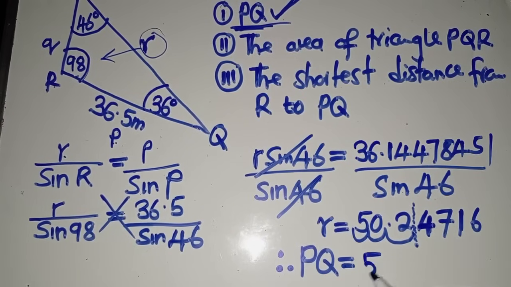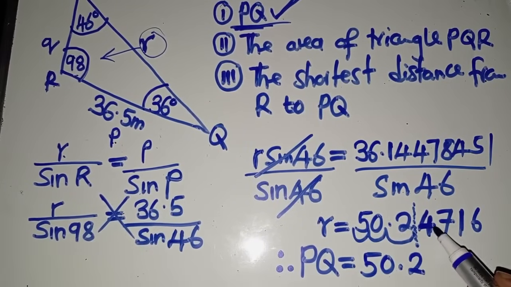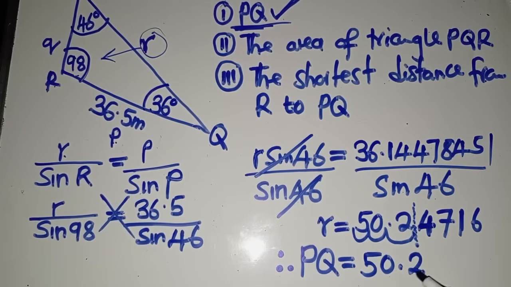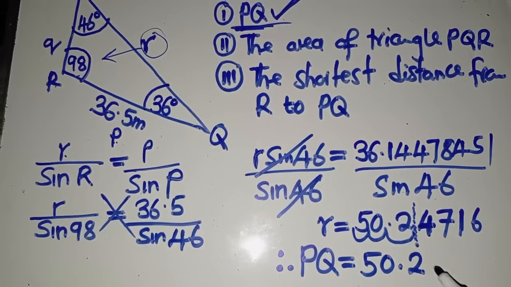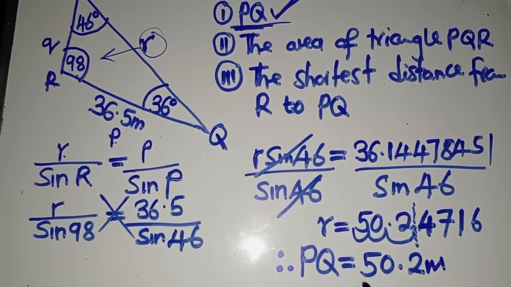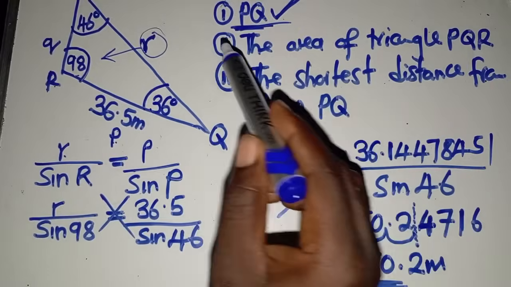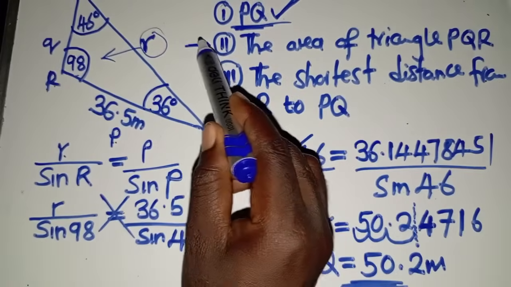Everything here is going to be maintained: 50.2. But if this was 6, 5 going up, this 2 would have become a 3. Then I put the units, meters. I'm done with this question. So PQ is equal to 50.2.